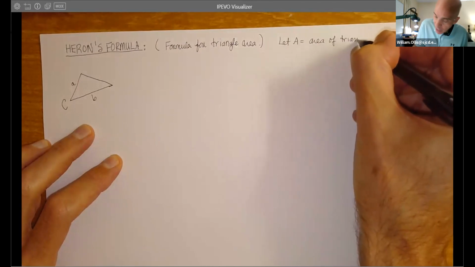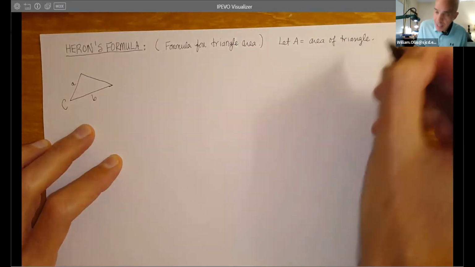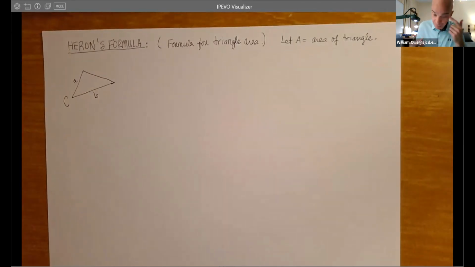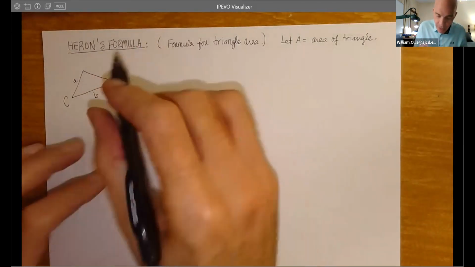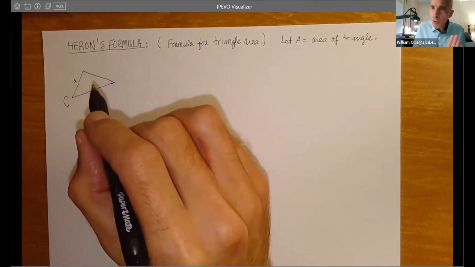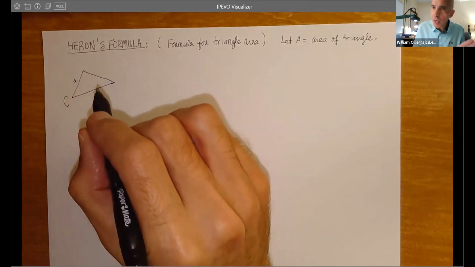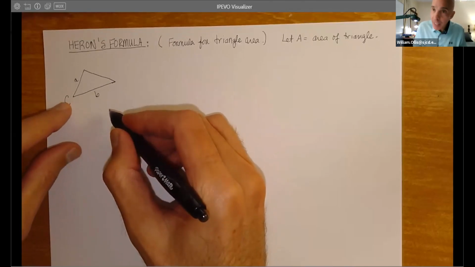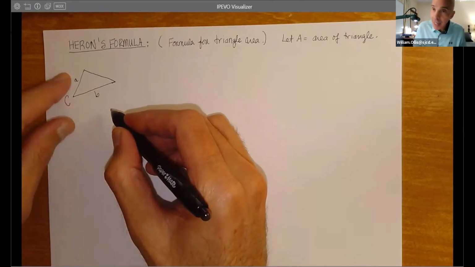So we're going to let A equal the area of the triangle. This is another good algebra exercise that I want you to see. It's like doing identities, and I need to get you back into doing algebra. Let's start with the formula that we learned a couple of lectures ago with the sine of the included angle times AB.